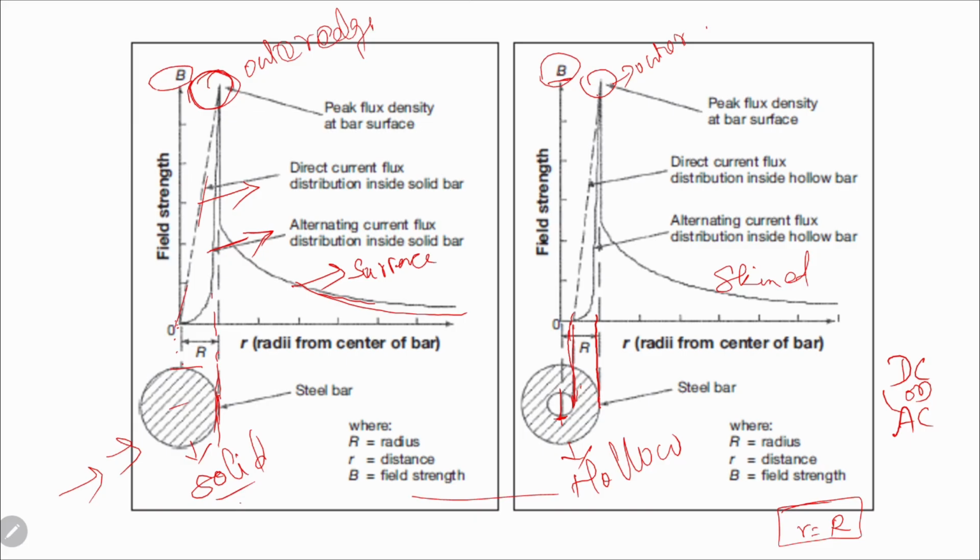The field strength drops inward from the surface toward the center, the center of the solid bar or the inner wall of a hollow bar. This happens because the enclosed current increases with radius, so the field lines are densest near the outside.